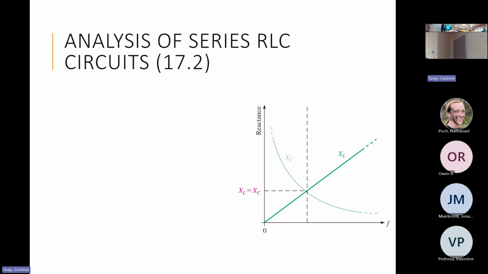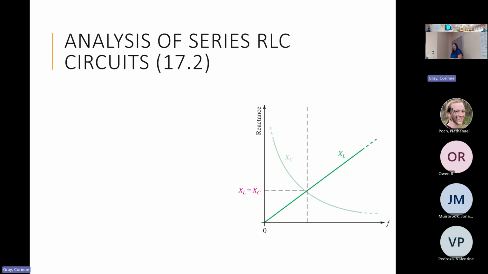So with this curved line, this is our XC. Because it's 1 over 2 pi frequency times capacitance, as that frequency changes, it looks like 1 over X. With XL, it is a straight line because it's 2 pi frequency times the inductance. So 2 pi frequency is our slope for that.